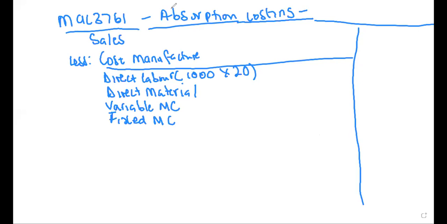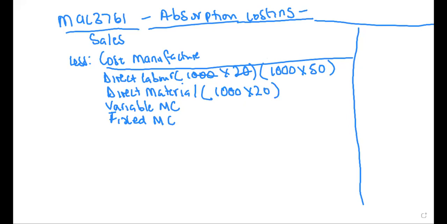So it's 1000 times 50. That's your direct labor. Then our direct material is going to be 1000 times 20.